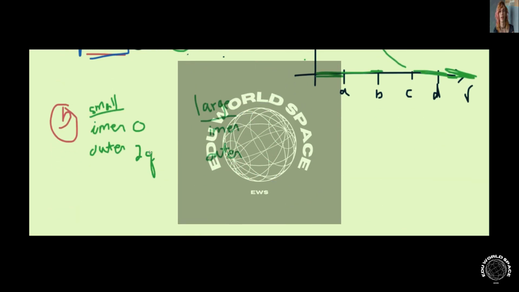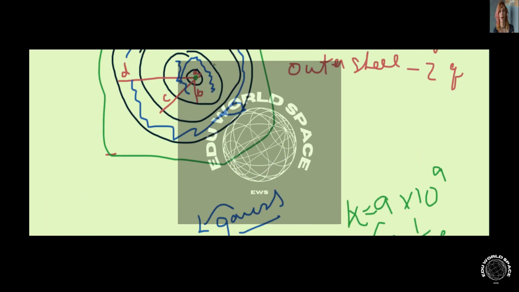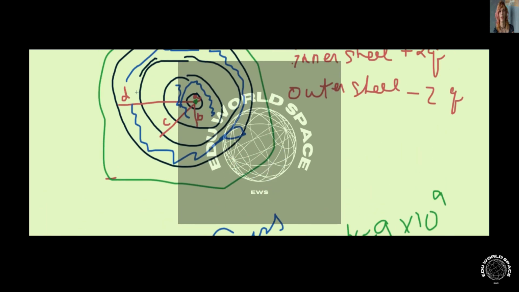What about our large shell? We go right on this inner diameter right here. We know that the electric field must equal 0 here. That means it needs to cancel with this plus 2Q that's happening right here. That means all of the minus 2Q is going to land at this surface.